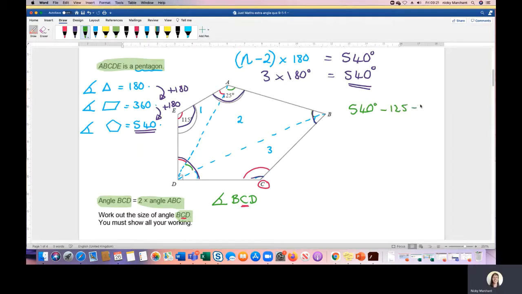Take away the 115. And don't forget also to take away that 90 degrees down in the corner here. Don't forget that is 90 degrees. You don't get any points for labeling it, but it's worth doing so you don't forget it. Okay, 90 degrees. So we end up with a total of 210.